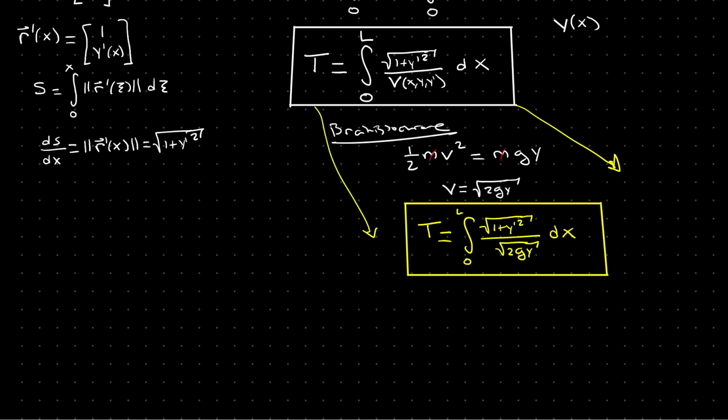Notice the general form these two functionals take. They're definitely functionals because they're dependent on the input function, y of x, and they give us an output value, that output value being the total time of traversal for the curve.